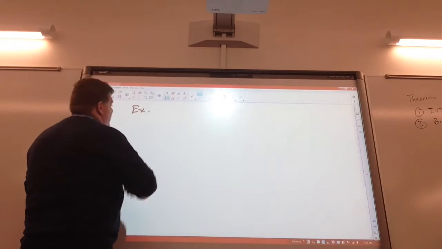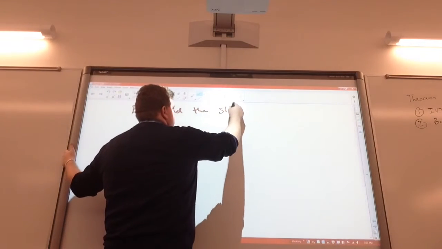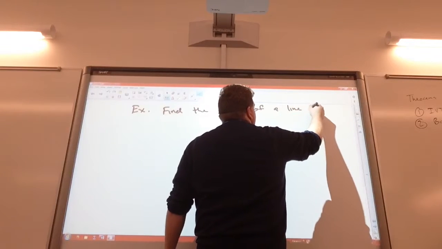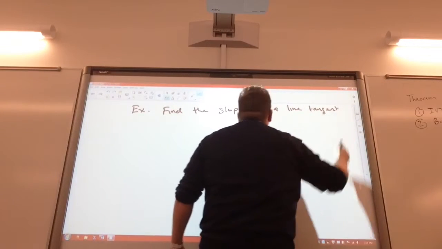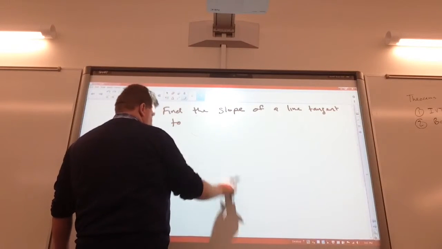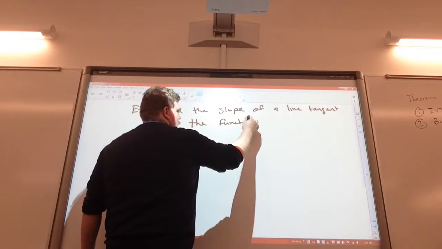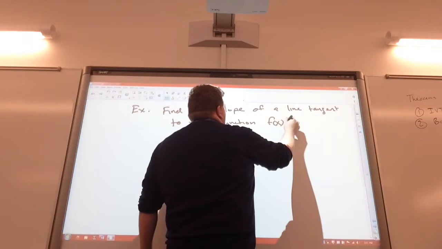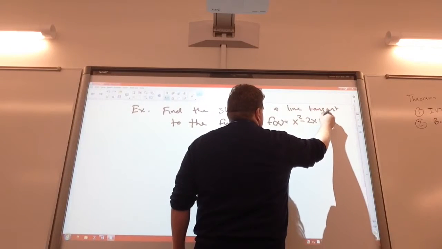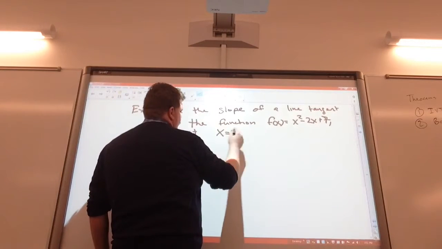So here our first example would be, find the slope of a line tangent to the function f of x equals x squared minus 2x plus 7, at x equals 3.